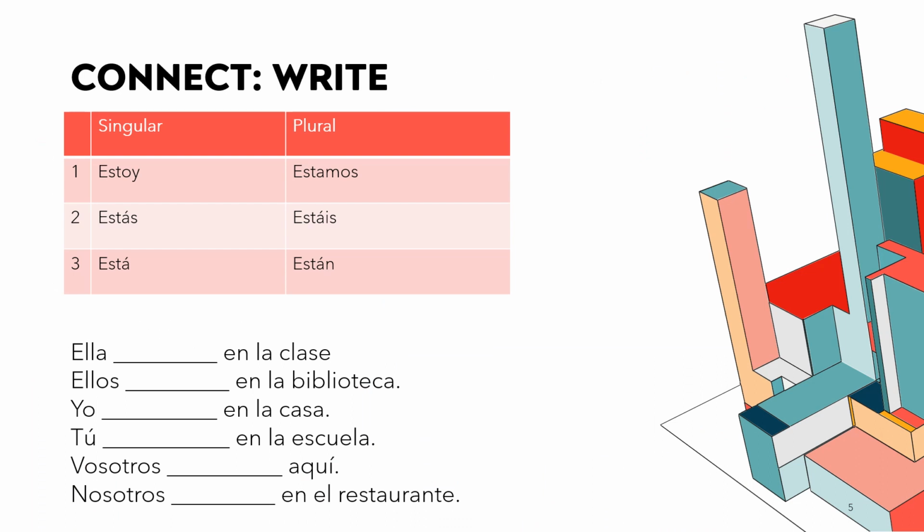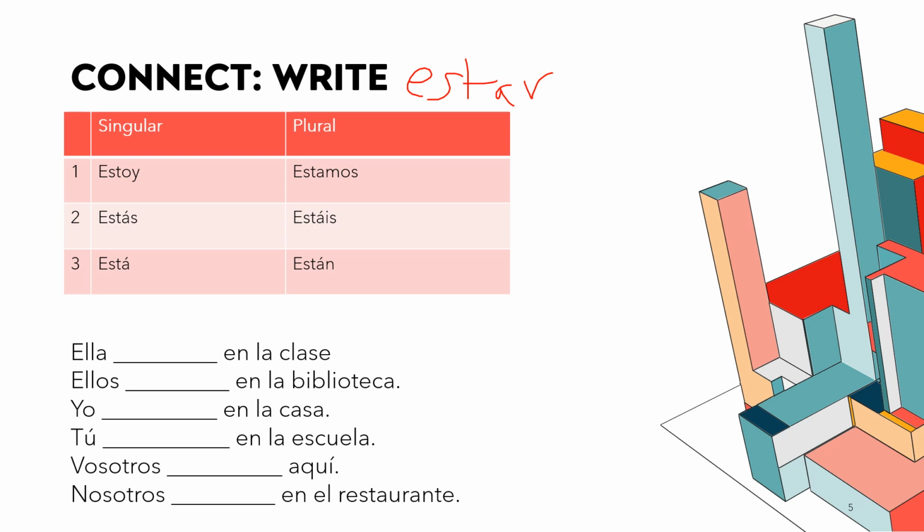I have gone ahead and typed out estar right here, just like I wrote, but neater obviously because it's written. So now what I want to do is go ahead and write in my different items here. I have ella here at the bottom. Ella, I know, is third person singular.